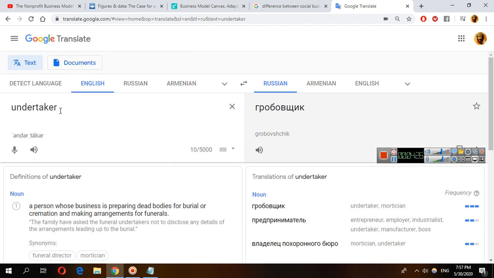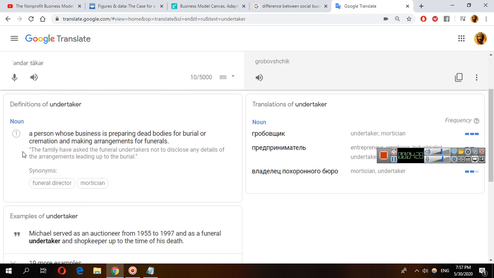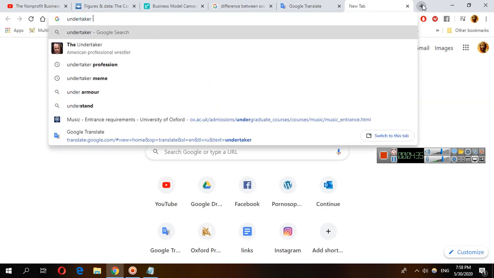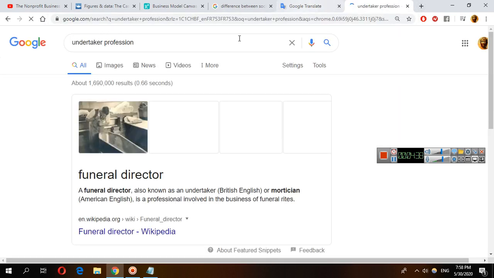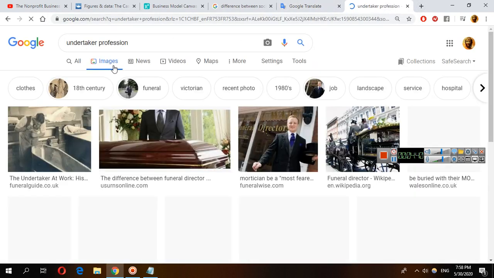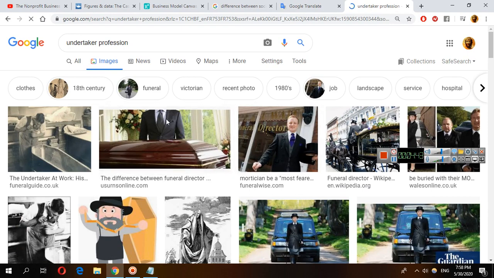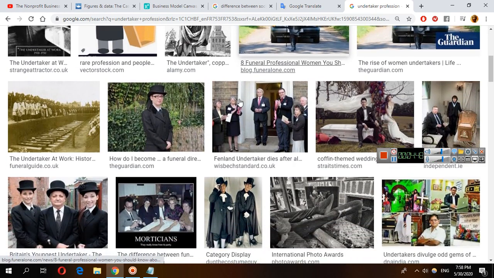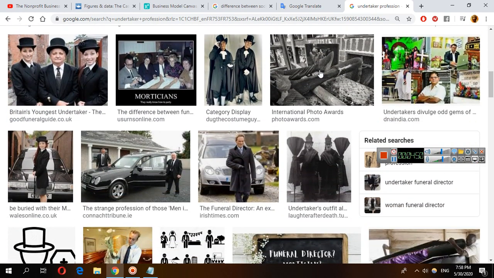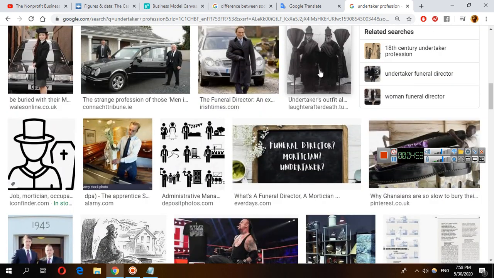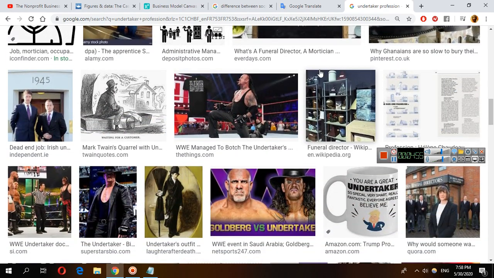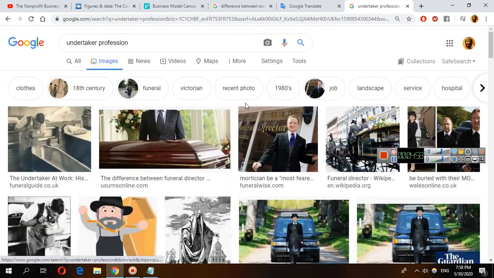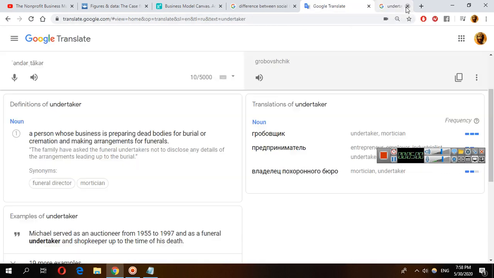So in English, undertaker is a profession, and one could say a gloomy one, but it depends. Undertaker profession, you can see in images, right? See, these are undertakers. This is why in English we don't really use the word undertaker for entrepreneur. We normally just use the French word entrepreneur.